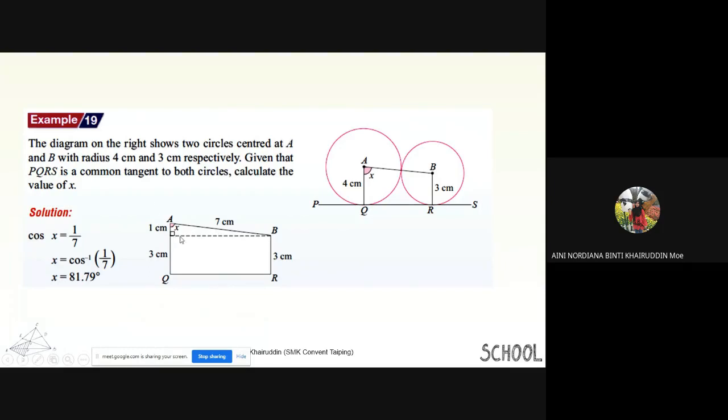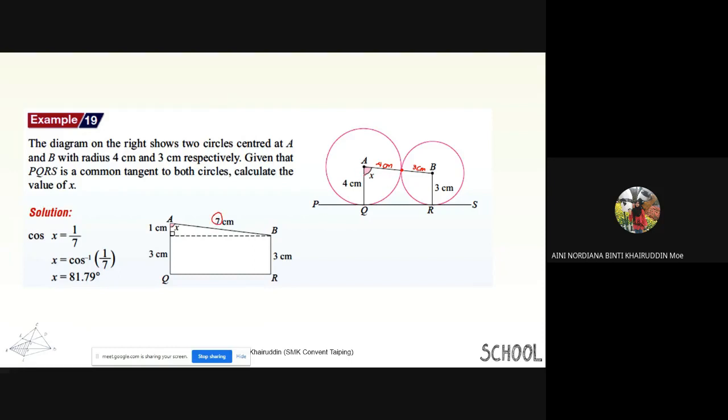Okay, right angle triangle. So you know this is 7 cm. Why 7 cm? Because here is 3 cm, here is 4 cm. So length of AB equals to 7 cm.